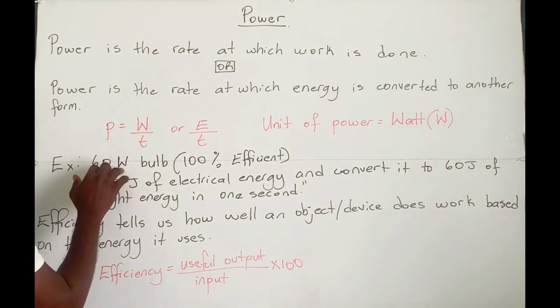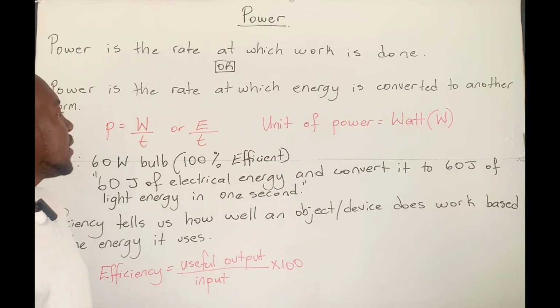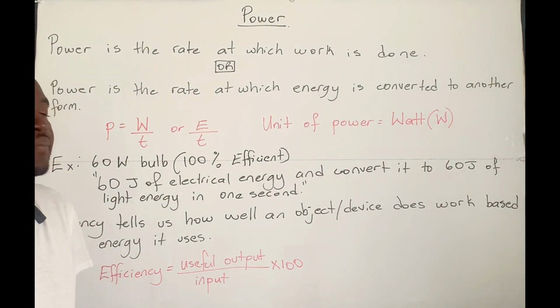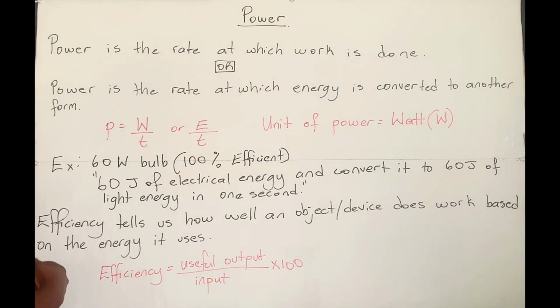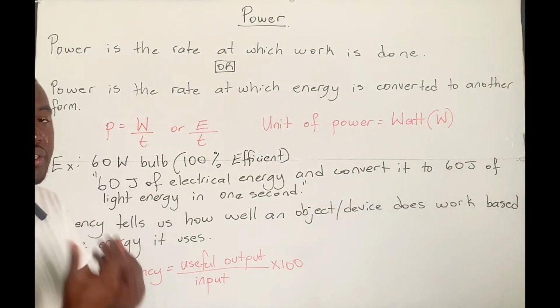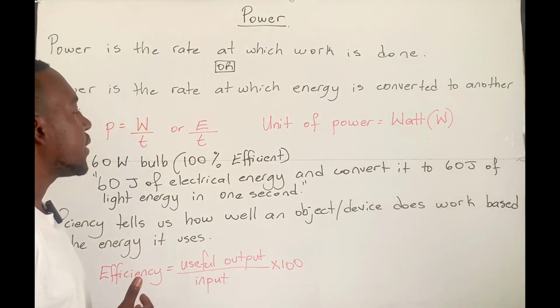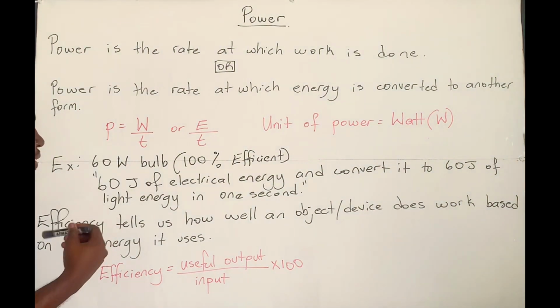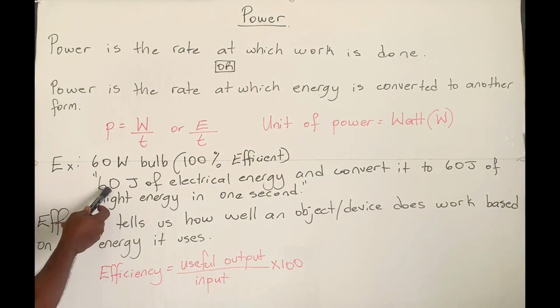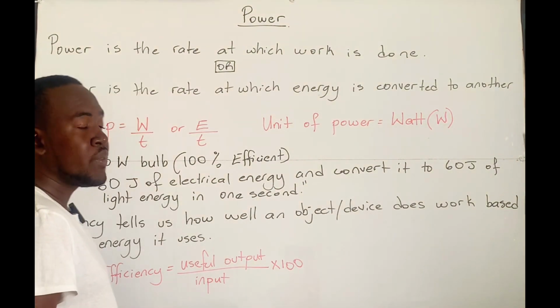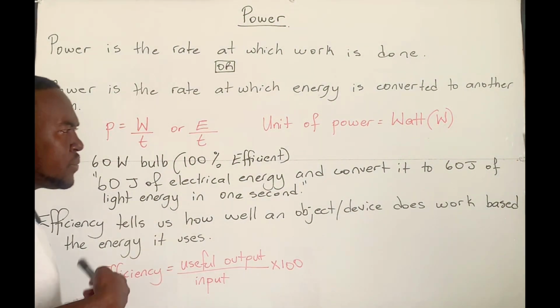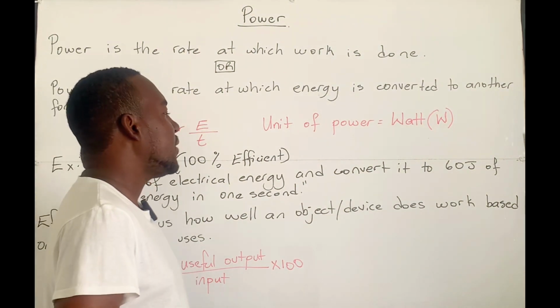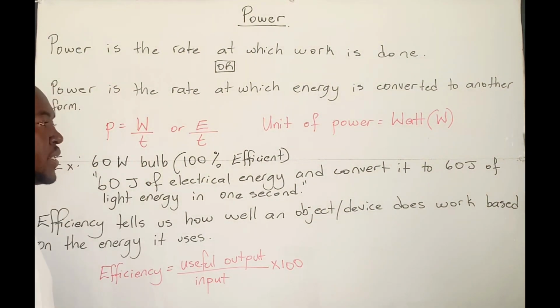So when we have a power number, it is telling us, if it's something that deals with energy, the amount of energy that is going to be converted to another energy in 1 second. So for a light bulb, if it's 100% efficient, it will take 60 joules of electrical energy and convert it to light energy in 1 second. But the thing is, nothing is 100% efficient.